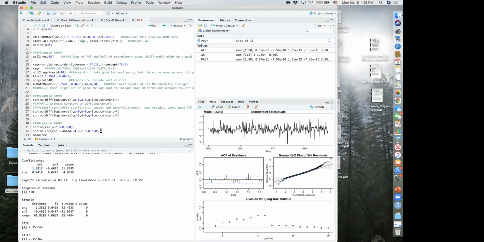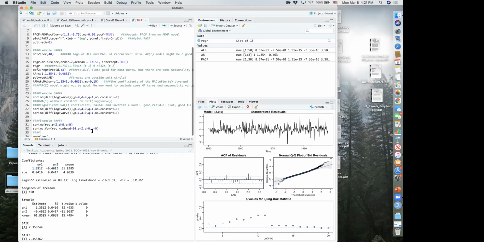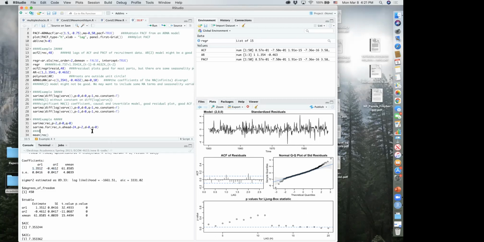But the key part here is the forecasting. We use the model, and the code that we use to do forecasting is S-ARIMA.4. So this is forecasting, and we do 24 forecasts. Let's see what we got.